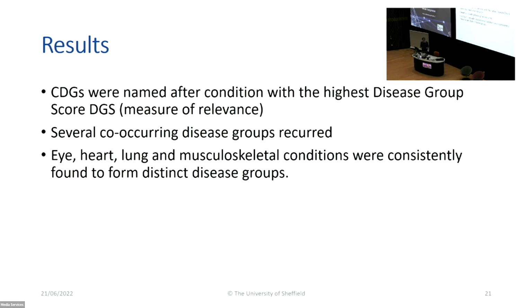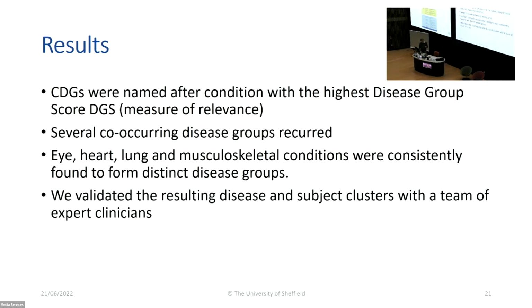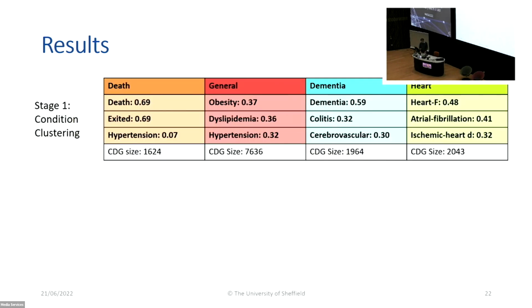They weren't just split randomly into a complete mess. There were several that co-occurred throughout the many runs. Eye conditions were commonly grouped together, then heart conditions, lung, and musculoskeletal conditions were found in distinct disease groups. We also worked with a group of expert clinicians to validate our results, to make sure that they were useful and could be used in further research.